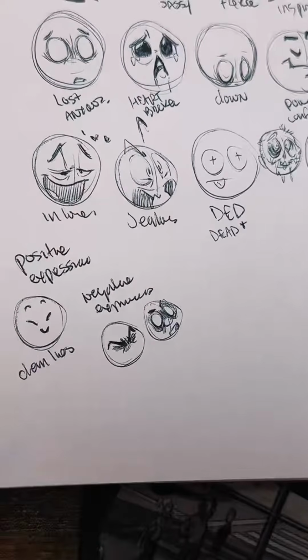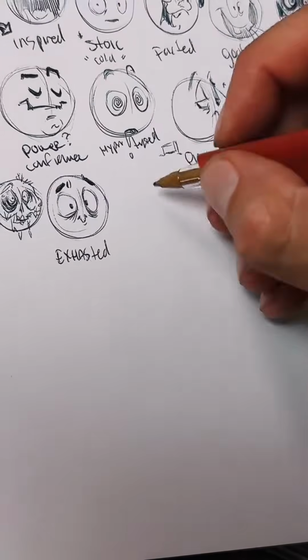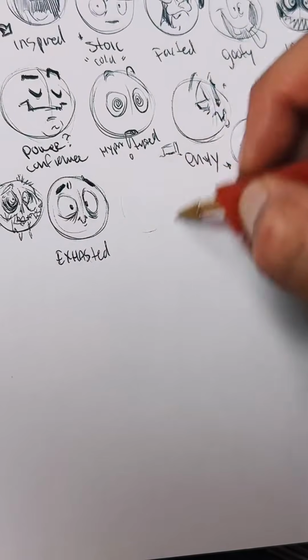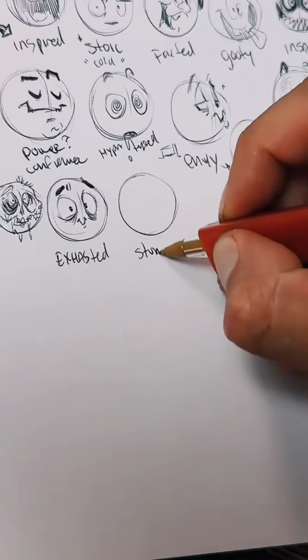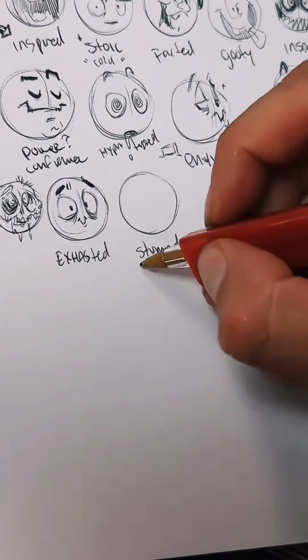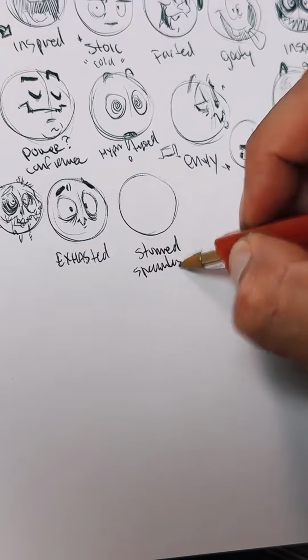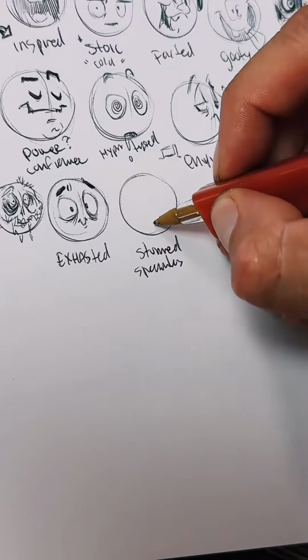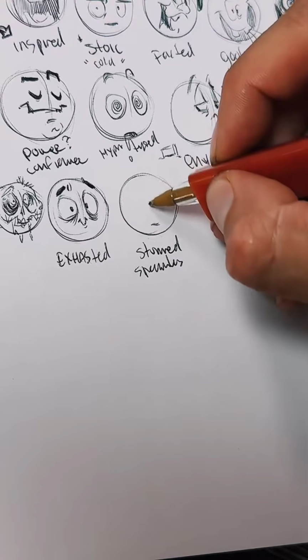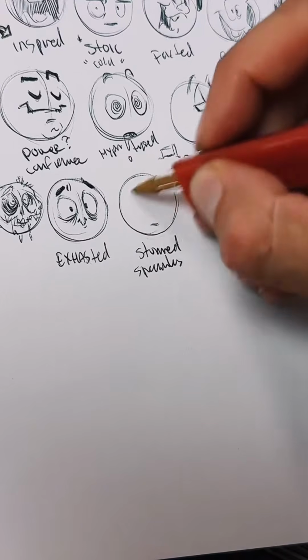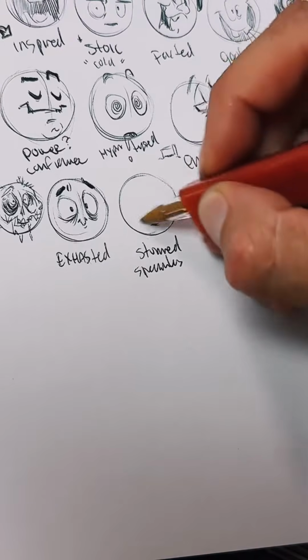So how can you do speechless? Speechless would be somebody that's just been stunned, right? That's essentially what's happening when you are speechless. When you're speechless, you tend to be tight-mouthed, and you tend to be surprised, probably.